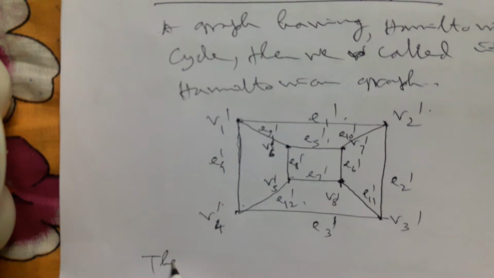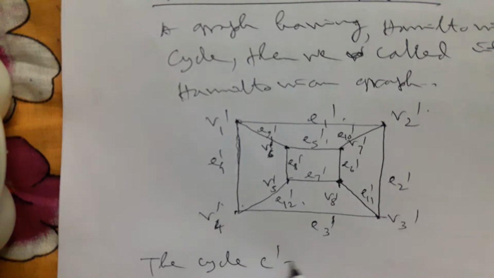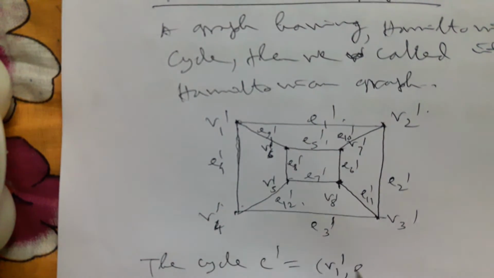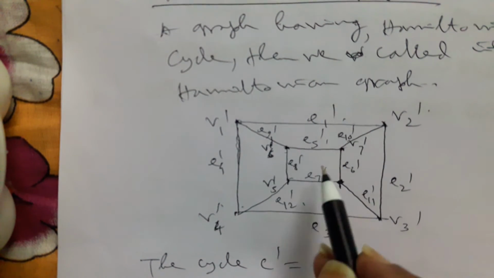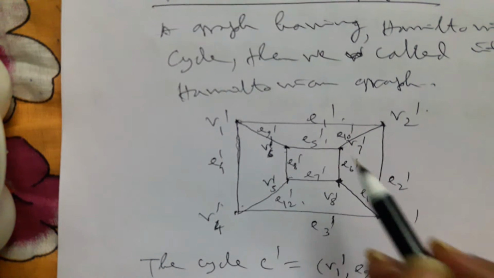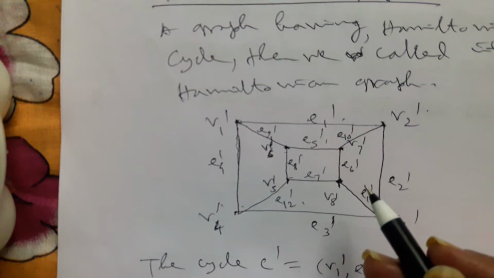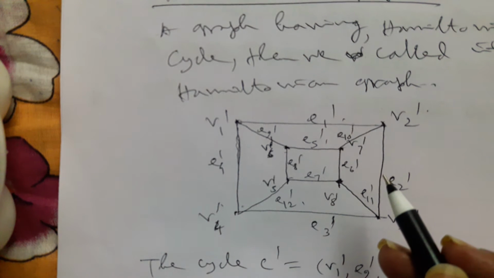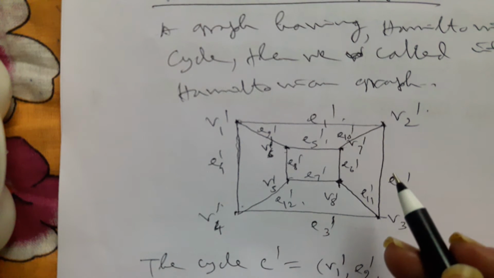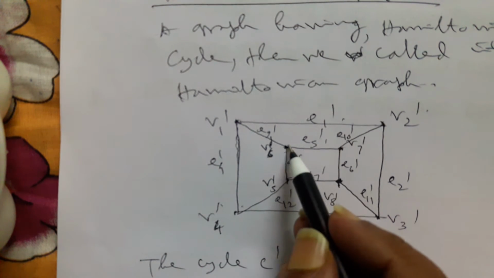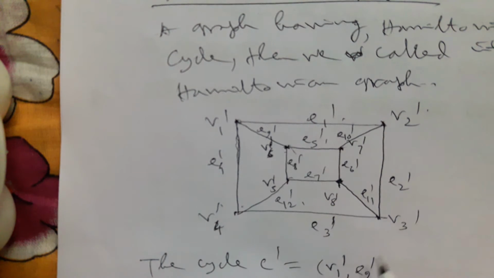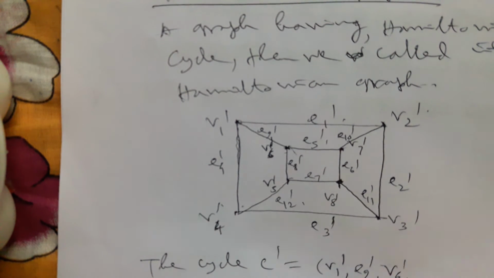Then the cycle C dash will be, if we consider here, V1 dash to E9 dash to V6 dash.